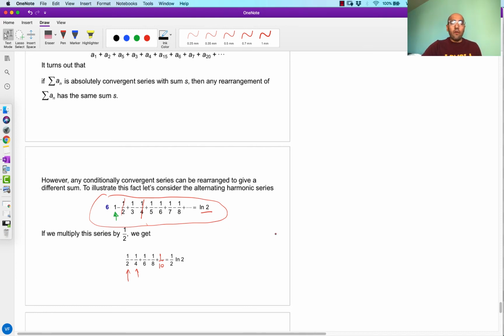For us, all that really matters is that you can only rearrange the order and keep the same summation total for the infinite series if it is absolutely convergent. If it is conditionally convergent, then you have to be careful because if you rearrange it, you're going to get a different sum.